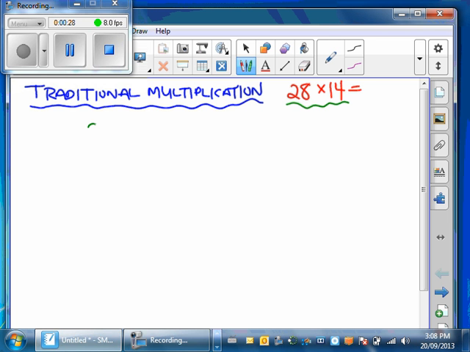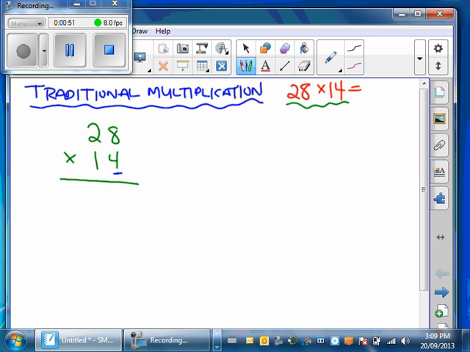So what we're going to do is take 28 and multiply it by 14. Now we have to make sure that we are multiplying each column. So we're going to start with the ones column here. This is the number that is currently in the ones column, and we always start with the number that's on the bottom.